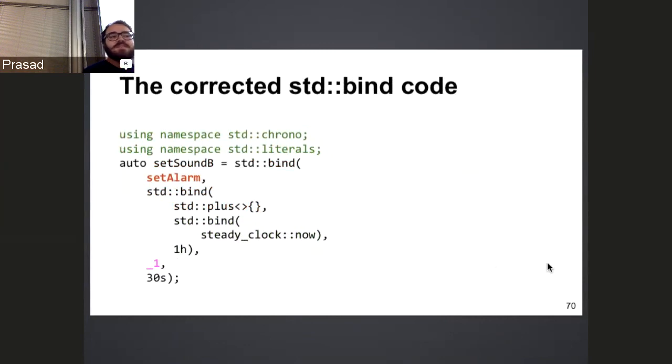Std plus is a class template. Right, that's why you have to specify the type of class. And then what? Operator paren with an ampersand in front of it? I don't even think that would work. You can bind it, but you have to have one more bind in there.